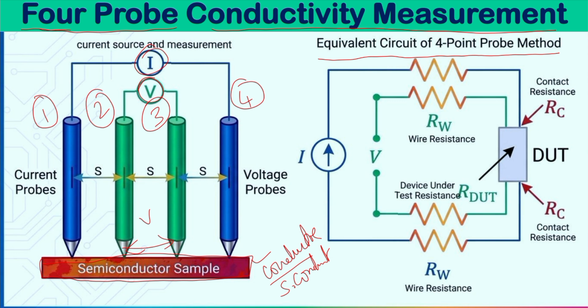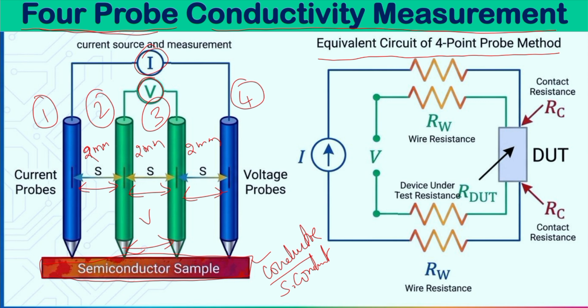Generally in four probe methods, the distance between the probes, this S, is kept the same. For example, if you are maintaining 1 mm or 2 mm, it will be the same across all the probes. So that is the actual typical setup.